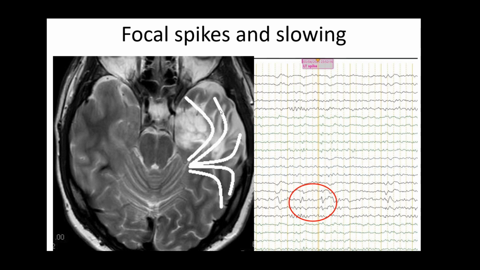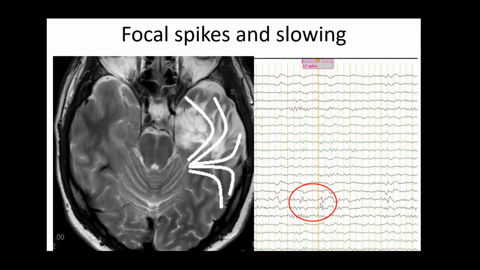So if this area, here you see the hippocampus typically coordinates this area, but if this area has low cortical activity but it allows itself to be hypersynchronous with the hippocampus, you can have a spike.